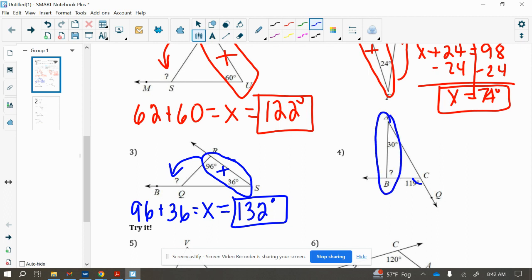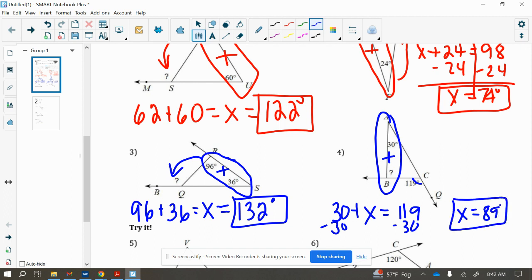So again, remote interior plus remote interior, 30 plus x has to equal that exterior angle. So again, we're going to end up subtracting from the exterior angle to get our final answer, 119 minus 30. That other angle is 89. So notice the exterior angle always ends up being larger than our remote interiors as well.